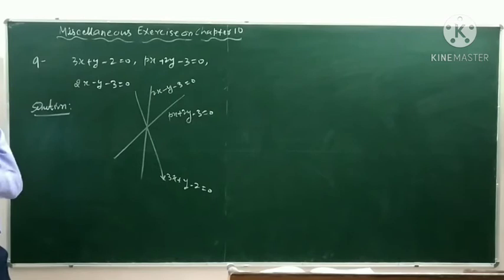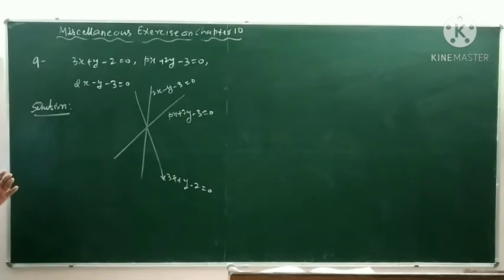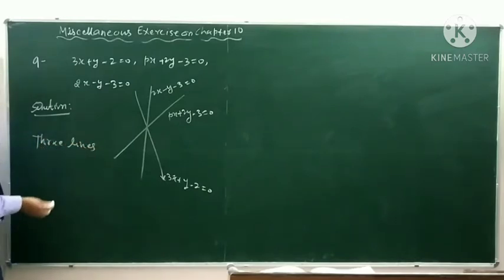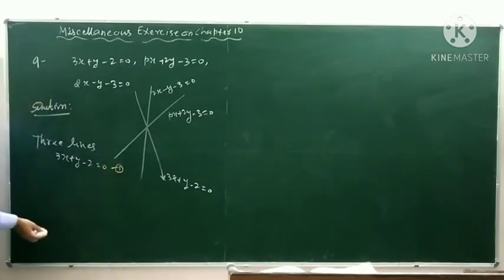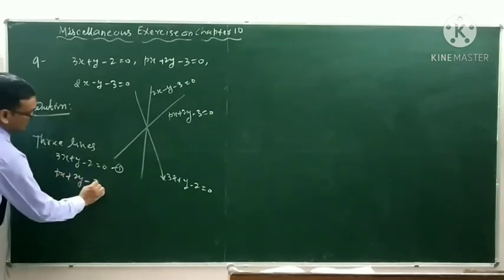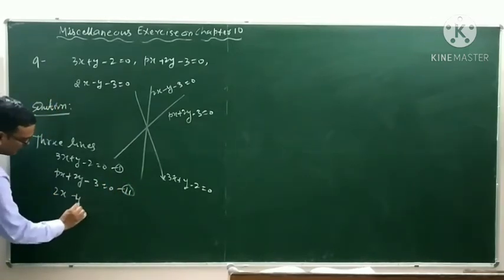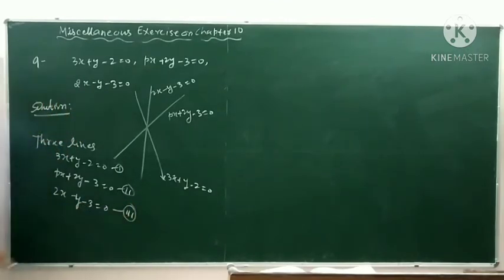Then find the value of P. Okay students, you understood this question? Three lines 3x plus y minus 2 equal to 0, px plus 2y minus 3 equal to 0, 2x minus y minus 3 equal to 0 intersect at a point A.